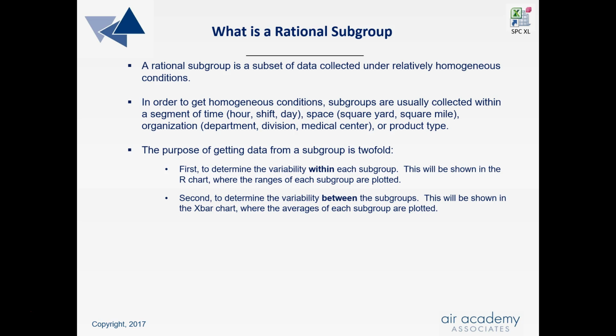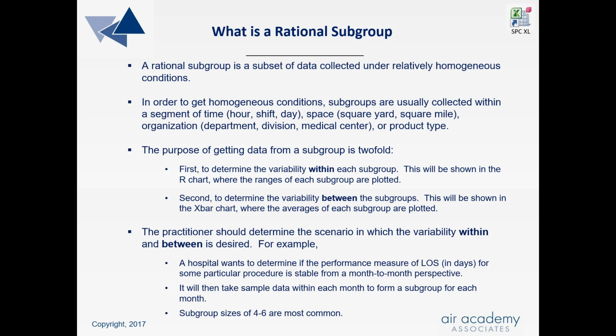the subgroups. And let's take an example to give you kind of a glimpse of what a subgroup really is. The practitioner should be the person who determines the scenario in which the variability within and between is desired. For example, suppose a hospital wants to determine if the performance measure of length of stay in days for some particular procedure is stable from a month-to-month perspective.